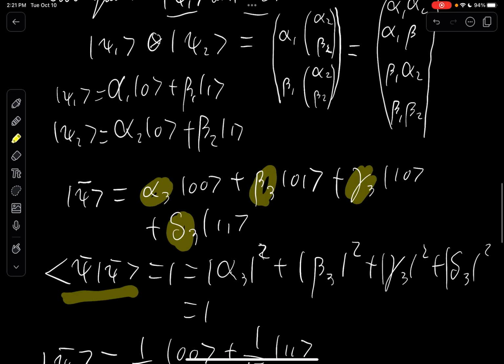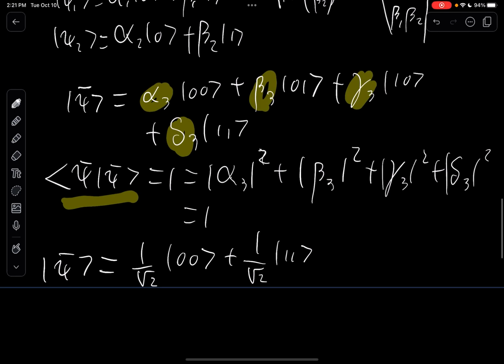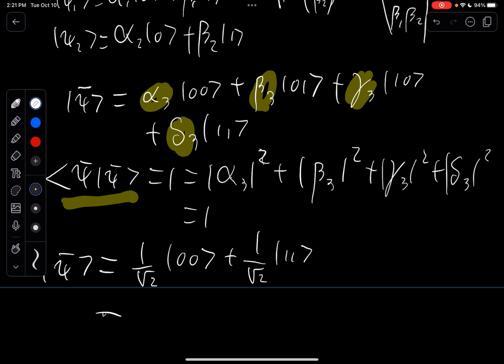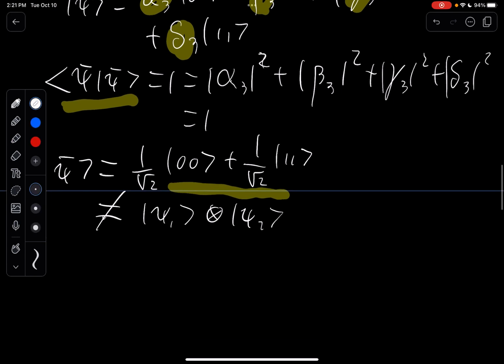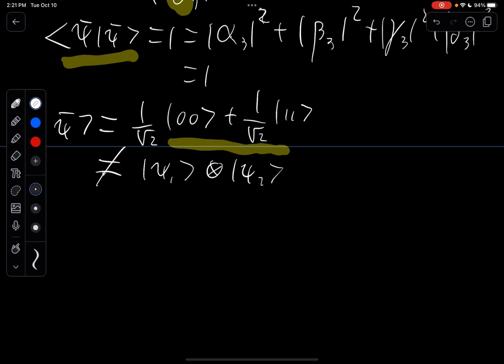But it is not of the form of anything like this. So we cannot write this state here as the tensor product of two individual qubits. Okay, why is that? Well, if I write down the vector of this guy here, it looks as follows.